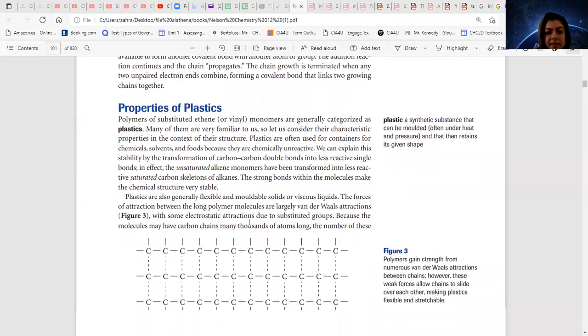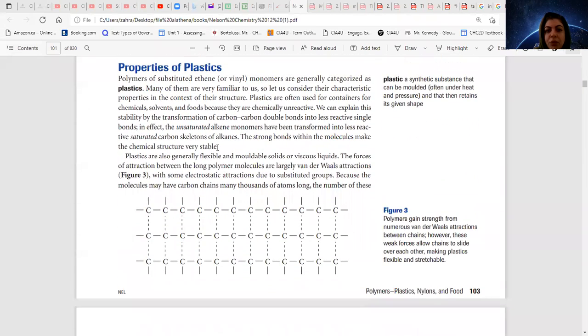Properties of the plastics, I want you to go ahead and read this one. This is on page 103. So basically it's just elasticity coming because you have this chain of the carbon with another layer. There is an attraction between the top layer and the bottom layer. That's why the elasticity property comes from that.